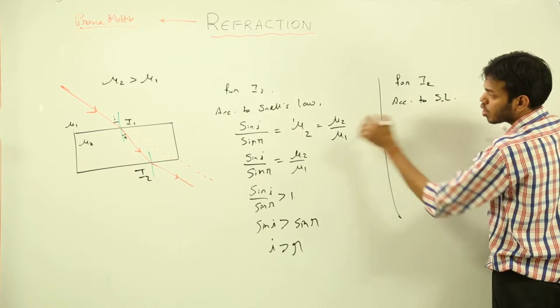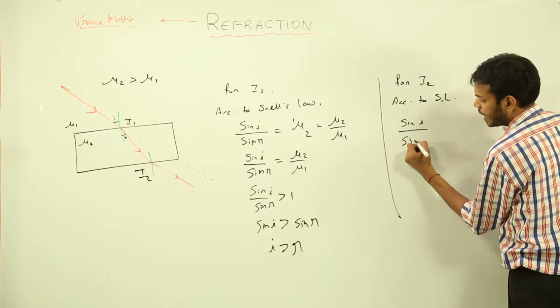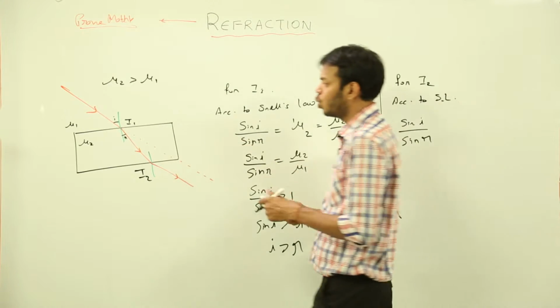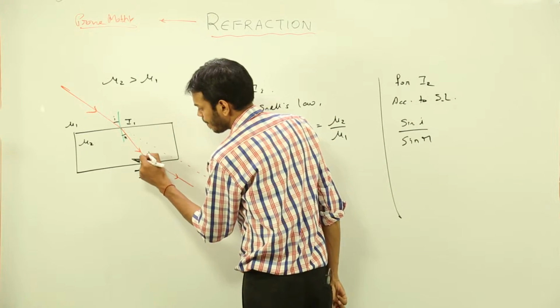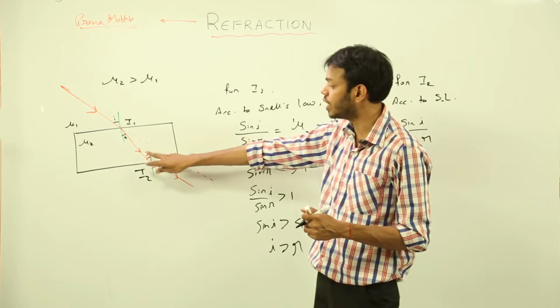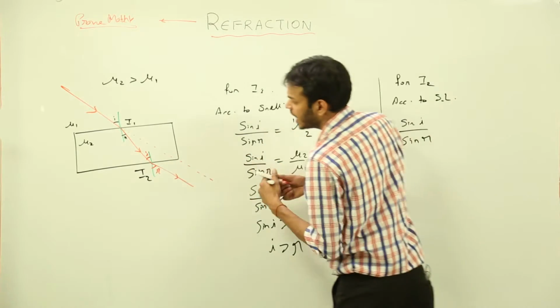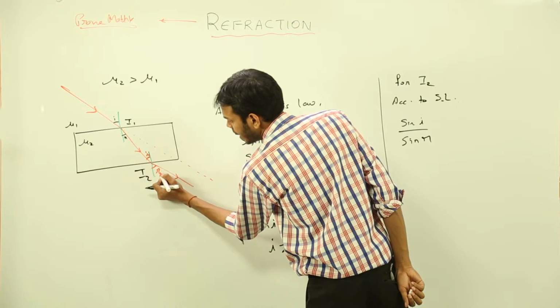So, according to Snell's law, sine I over sine R. Interface 2, this is my I, this is my R. If you want to further eliminate the confusion, use I1 and R1, okay? Let's just do I1 and R1.